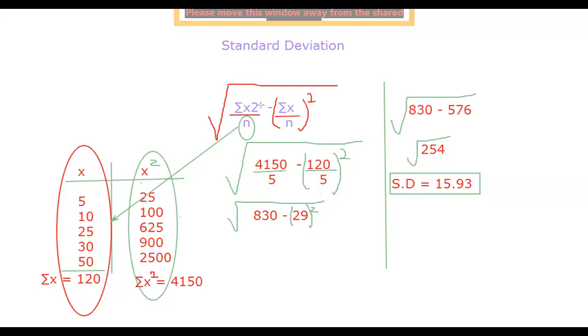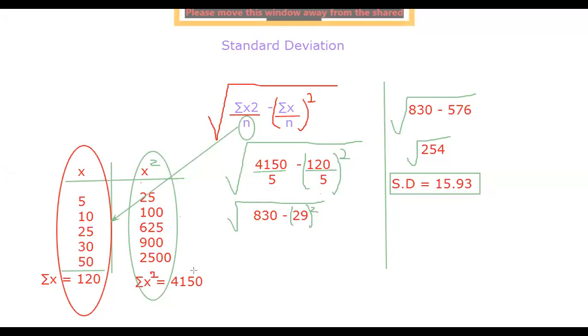We observe sigma x: we sum all the x variables to find the sigma x value. The second step is to find sigma x square. For example, 5 into 5 is 25, 10 into 10 is 100; we square all the x variable values and total them, and we call that sigma x square.